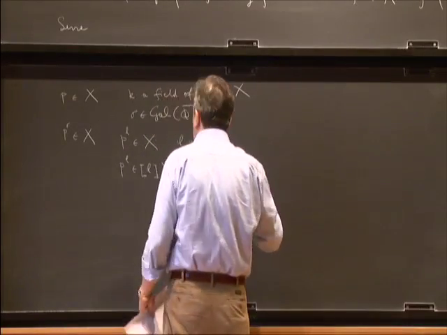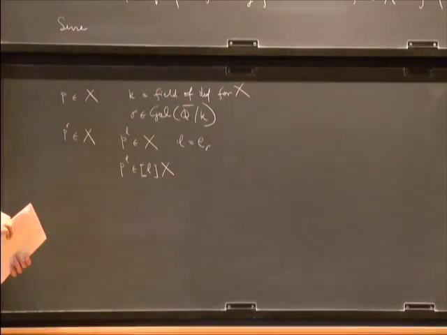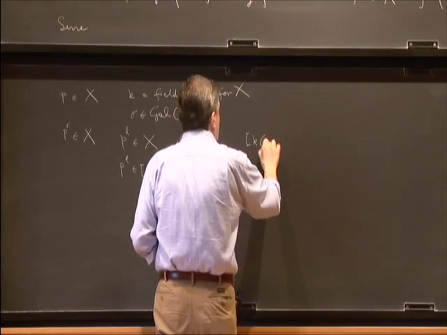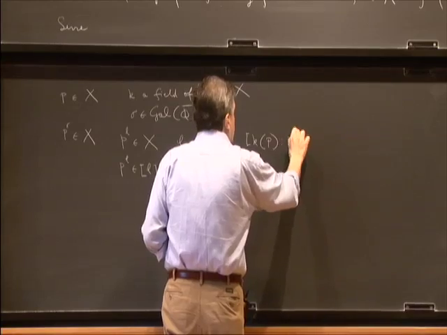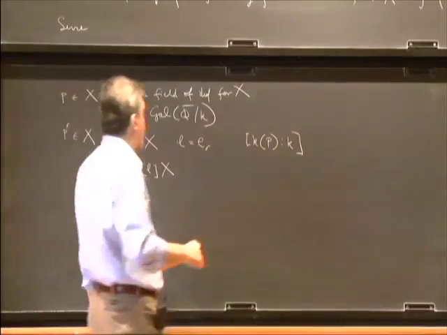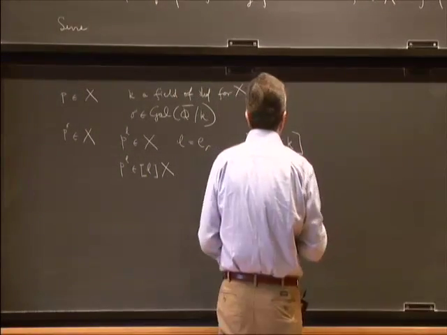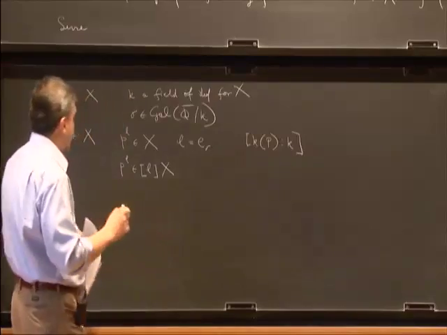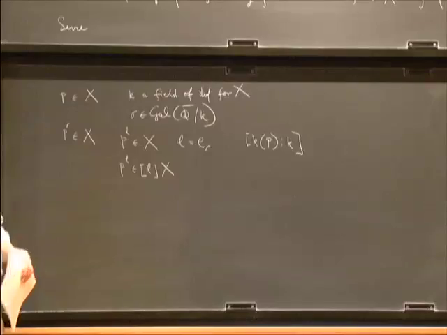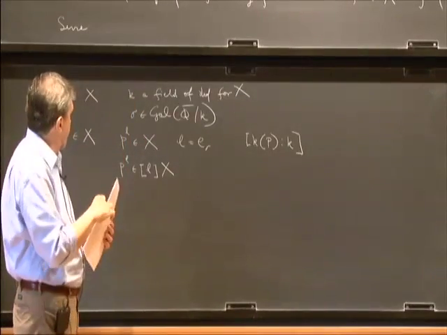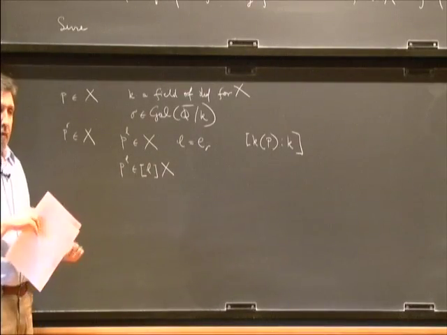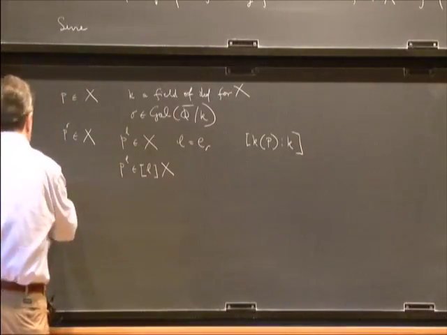So how many conjugates do we have? The number of distinct conjugates of P is just the degree of P over K. This is the number of conjugates. And now two things can occur. We have these points lie on both curves. The curve X is supposed to be irreducible, and the same holds for this. Either the curves are equal, and this is a first situation.